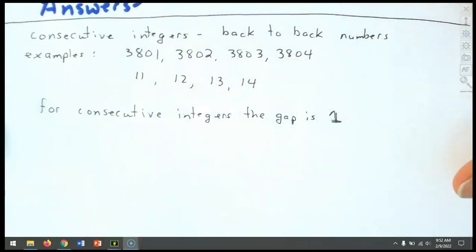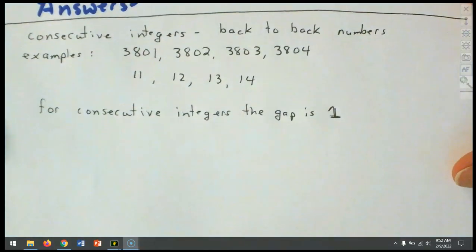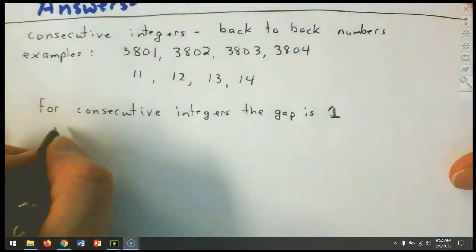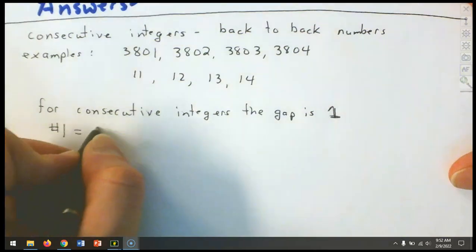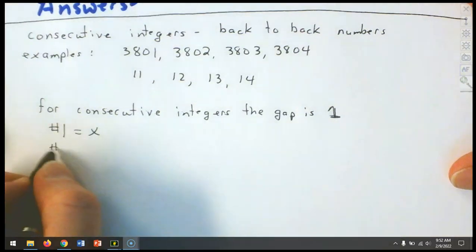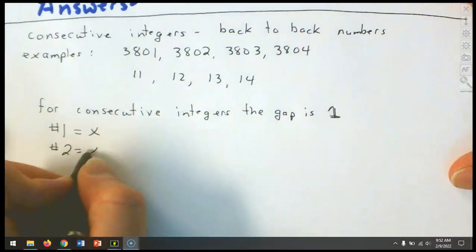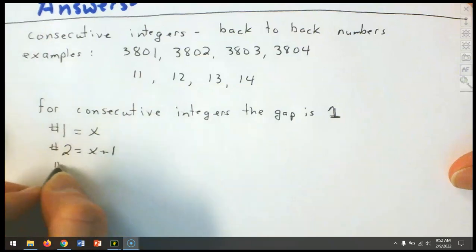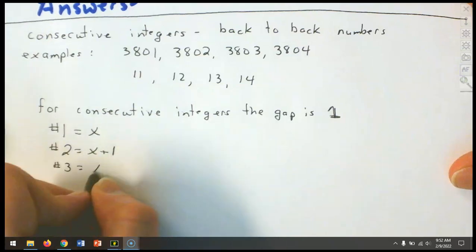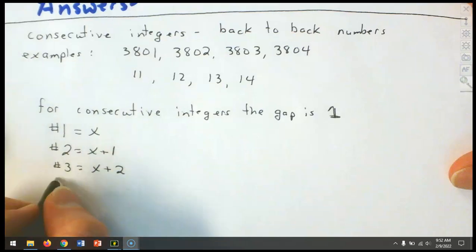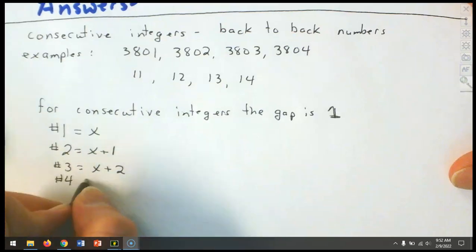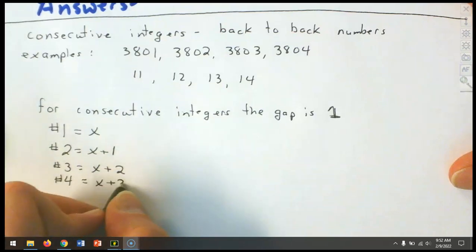So that means every time we're going to be adding 1. So for consecutive integers, we're going to call our first number x, second number x plus 1, third number x plus 2, and fourth number, if we need it, that's x plus 3.